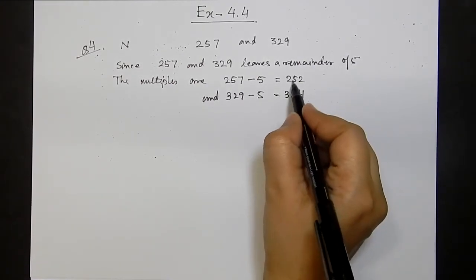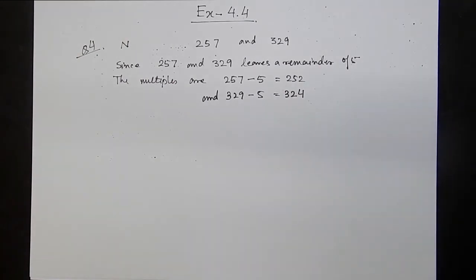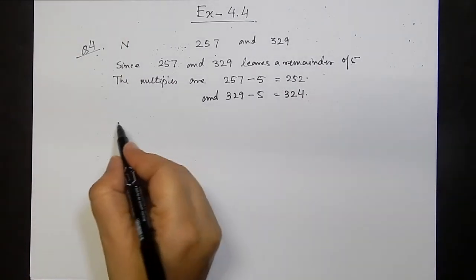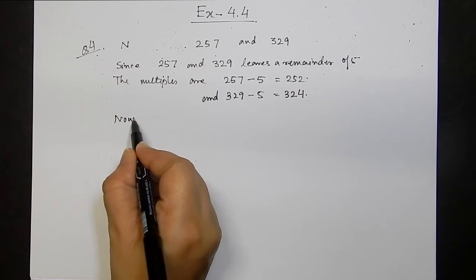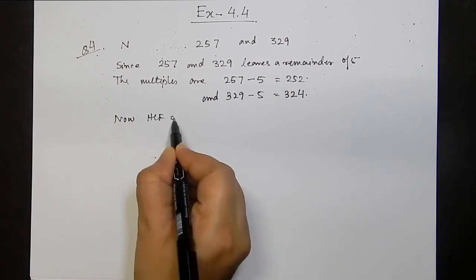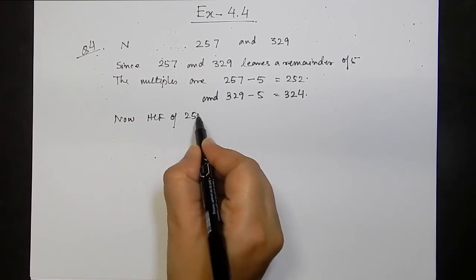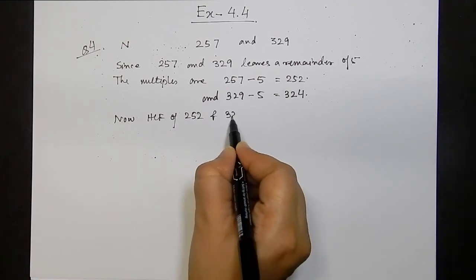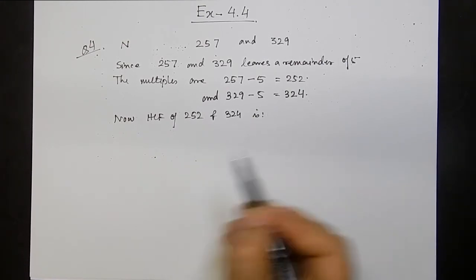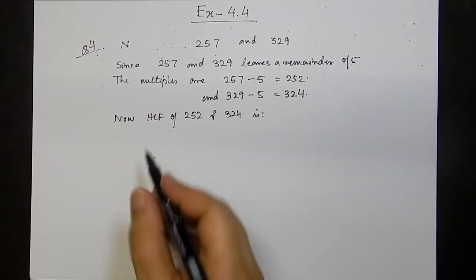So actually you have to find out the HCF of these two numbers. So now the HCF of 252 and 324: you can use any method that you are comfortable with.